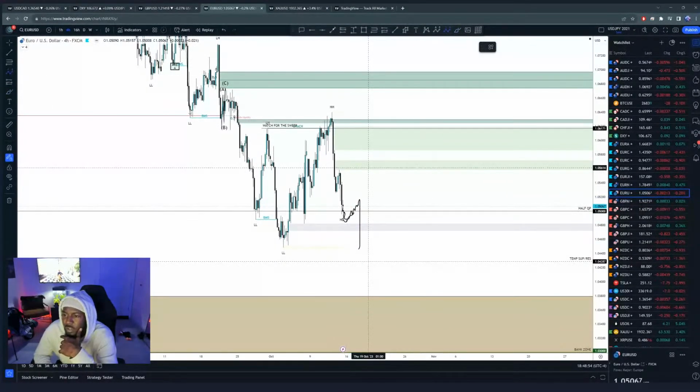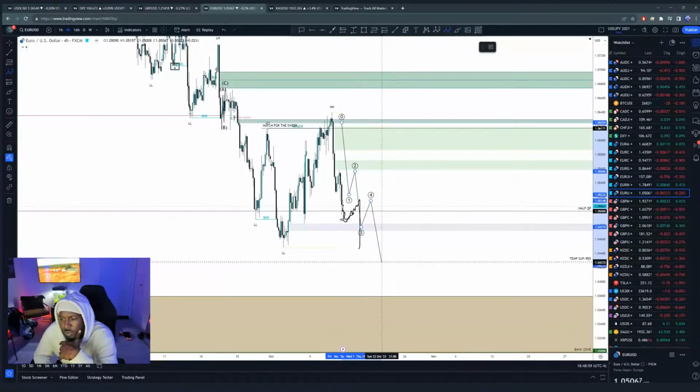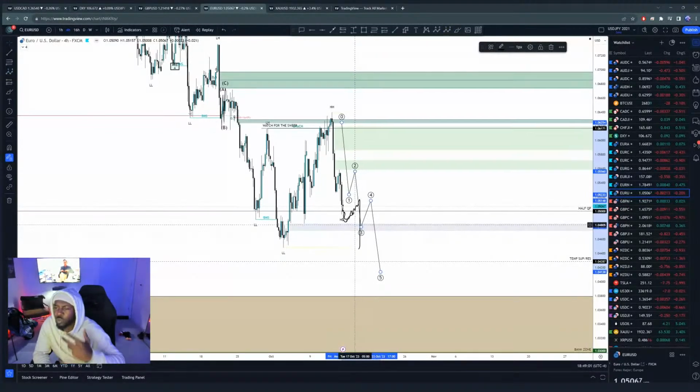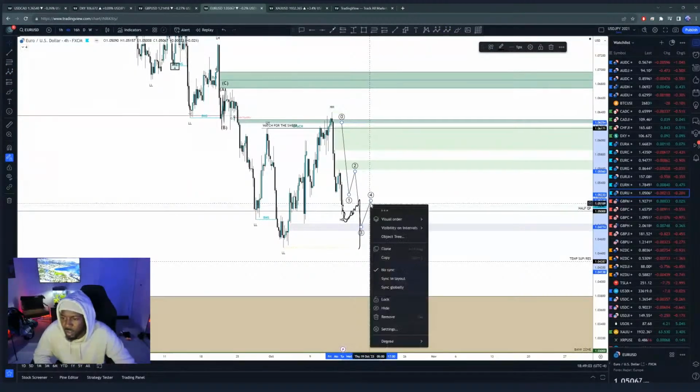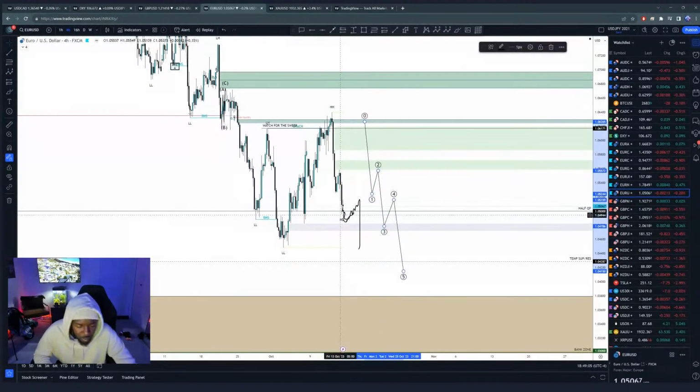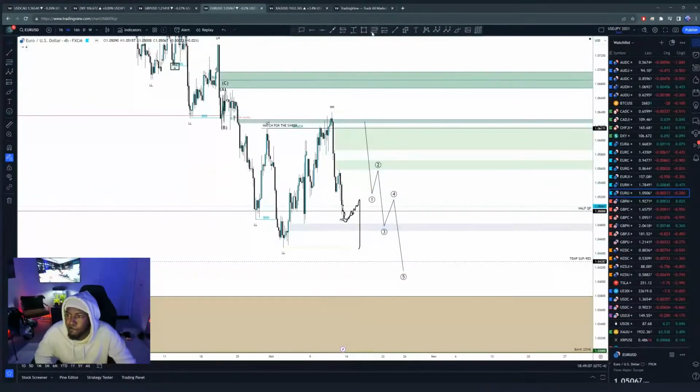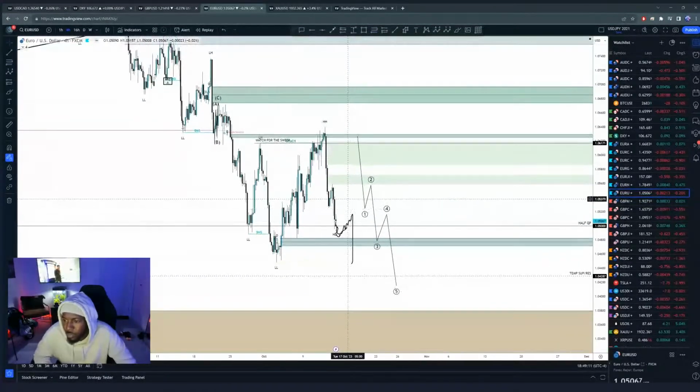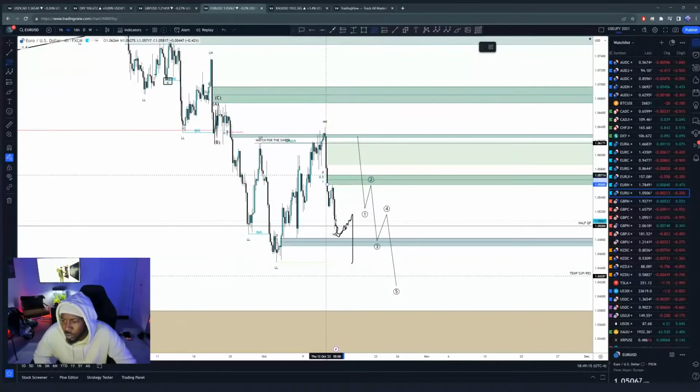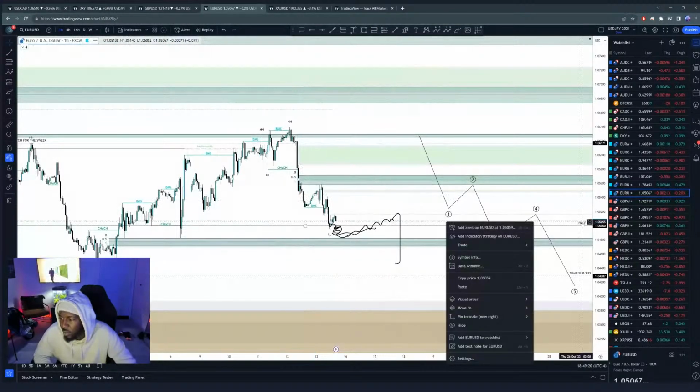This would then give us that one, two, three, four, five structure, just something to work off of on the way towards the downside. So we can look for that. It's either going to drop here or it's going to drop somewhere before that.